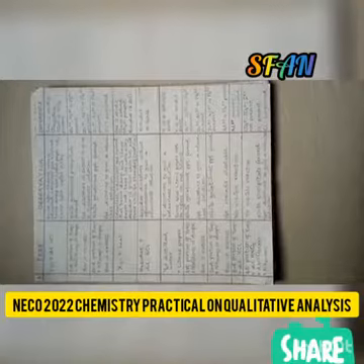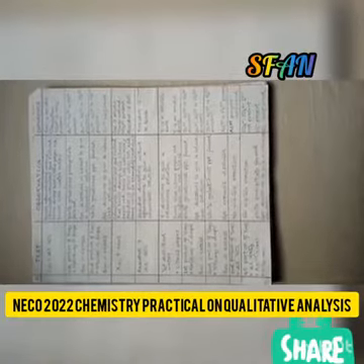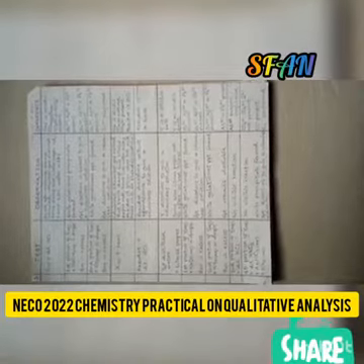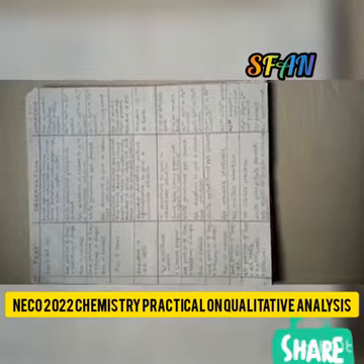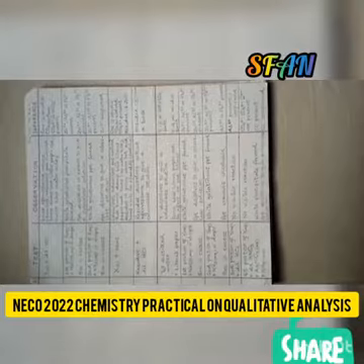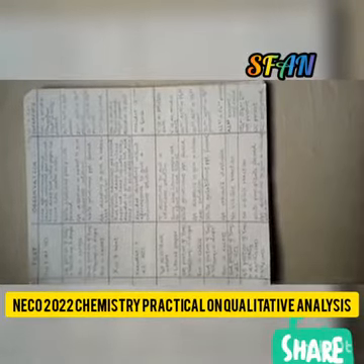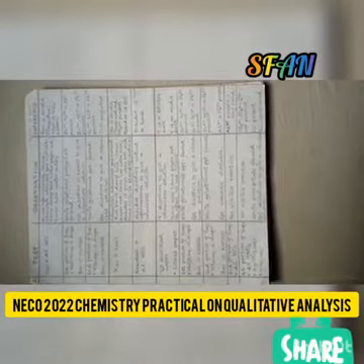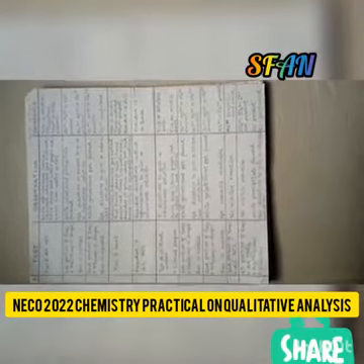Since X is insoluble, they might not ask you to dissolve it in distilled water. Rather, they might ask you to add dilute HCl to X. And for that, I have also drawn up a table that will guide you on the analysis.